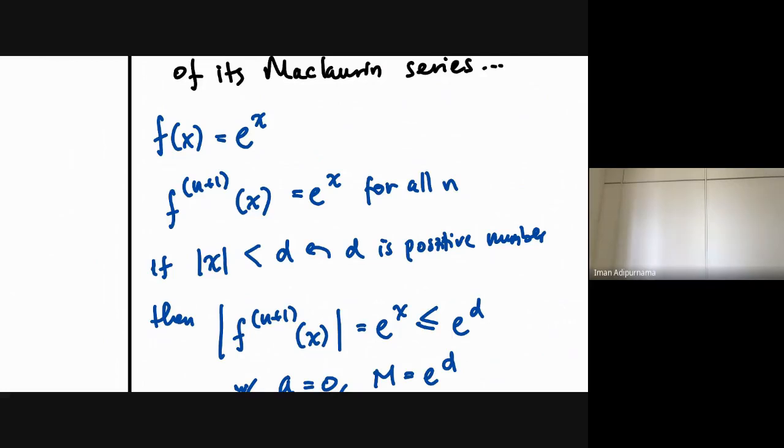So we can put this e to the d as our M. This part here is our assumption, so we need to find some value for d.